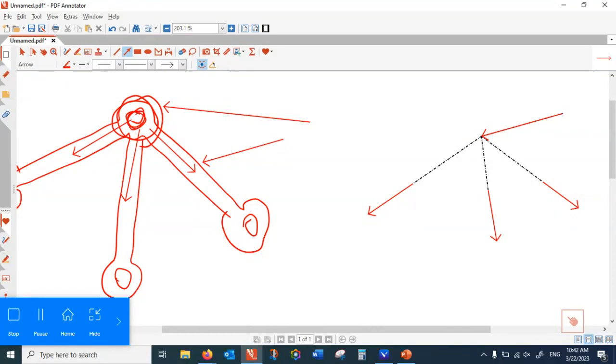So in this case, if all these three internal forces are unknown, we cannot solve. So this requires a bit of cleverness, strategy. You look at the structure and you have to decide, okay, I cannot apply the method of joint at this one to begin with. Is there another joint which I can start with?